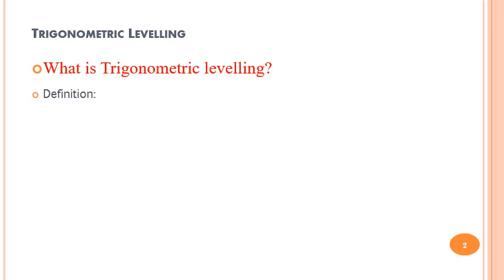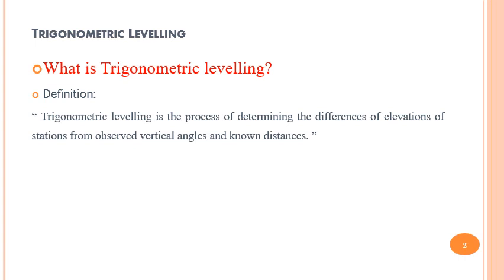Trigonometric leveling. Trigonometric leveling is the process of determining the elevations of stations from observed vertical angles and horizontal distances. Vertical angles are measured with the theodolite, and distances may be measured accurately with the tape or may be computed.